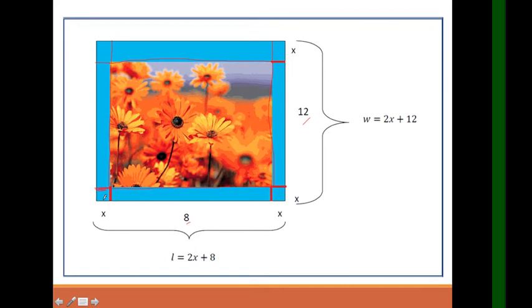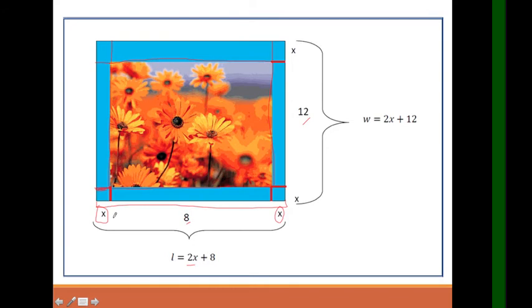So, x siya, x ito, x yan. Okay. And then may 8. Ngayon, para magkaroon ng equation itong buong lapad na to, i-add natin yung dalawang x. So, magkakaroon tayo ng 2x plus 8.